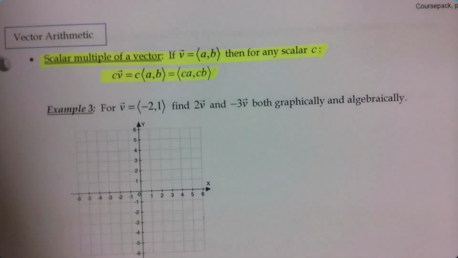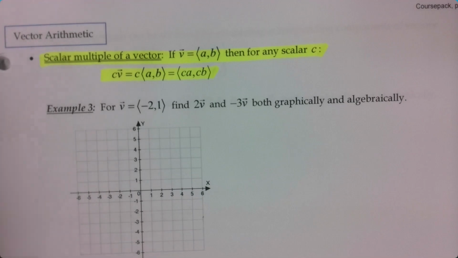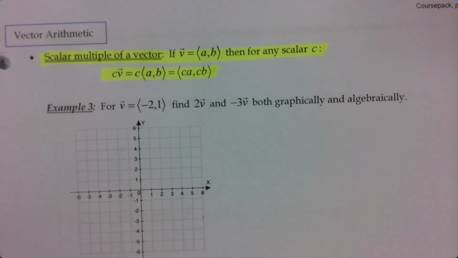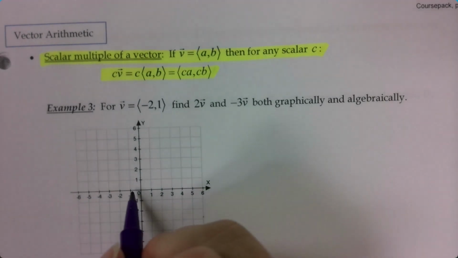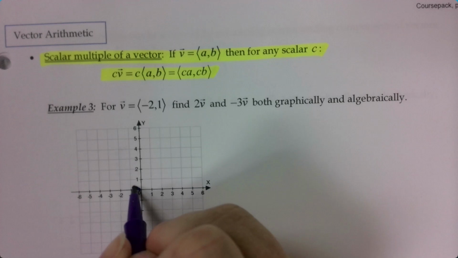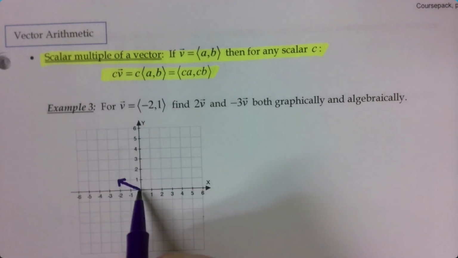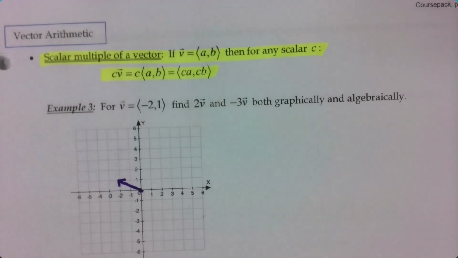So for example, if I have vector v, which is -2, 1, so over -2 up 1. I'm going to draw it in standard position right there. So there's vector v. I want to find 2v and -3v both graphically and algebraically.